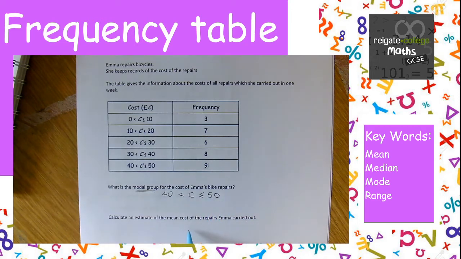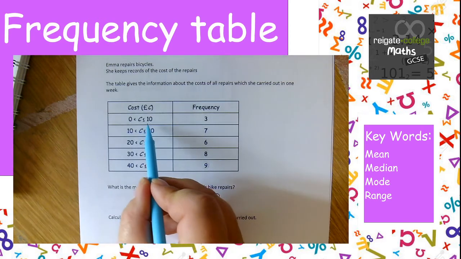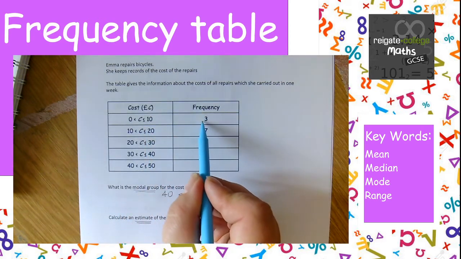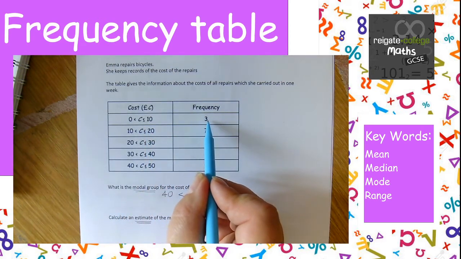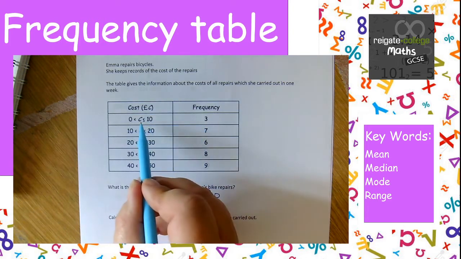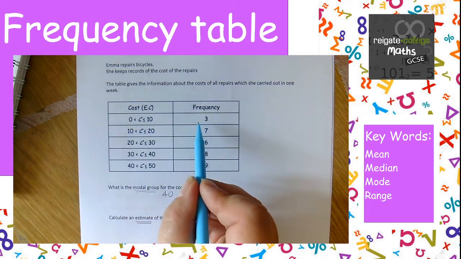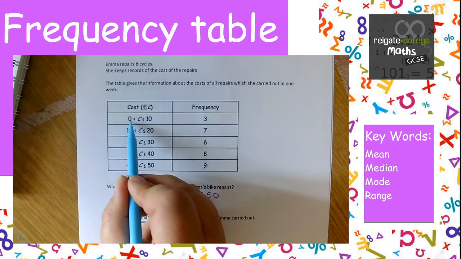We're going to estimate the mean now. The fact that it's an estimate means we've got to decide on an appropriate amount that represents the spend of all these 3 people. And we are going to calculate that amount by finding the middle value between these 2.